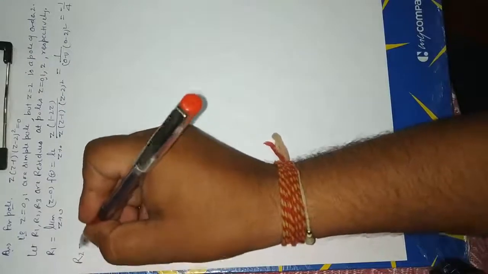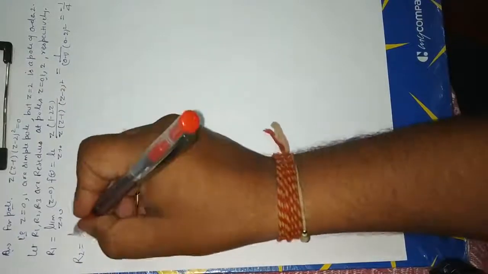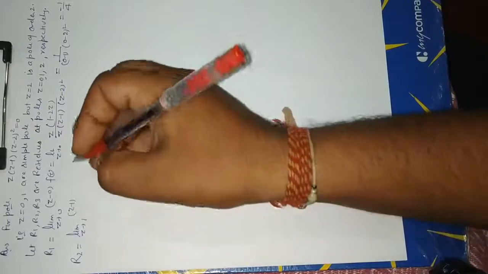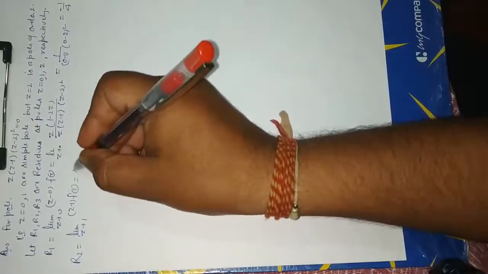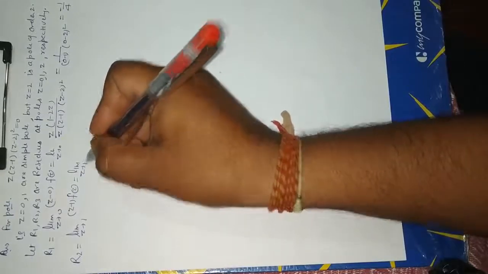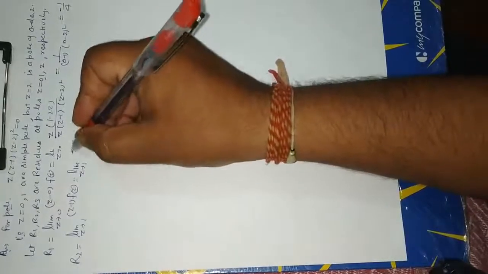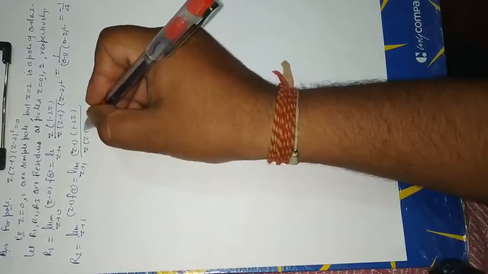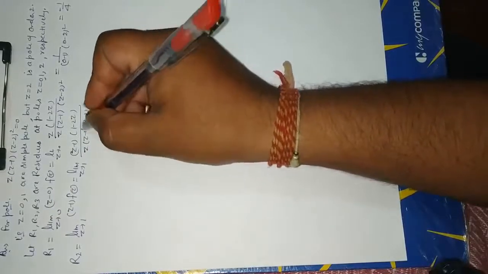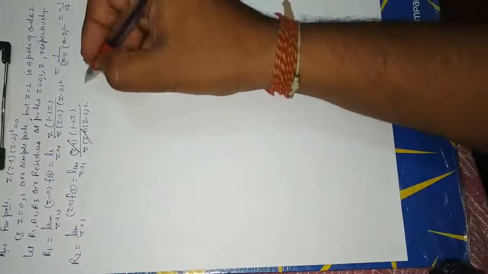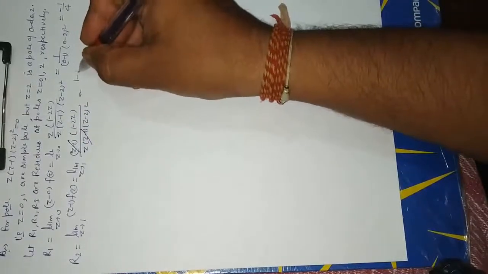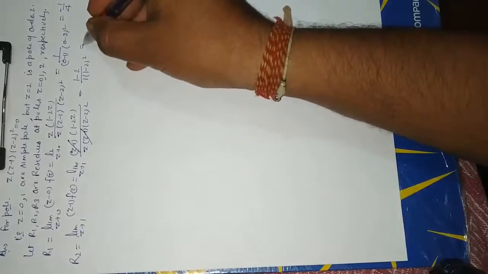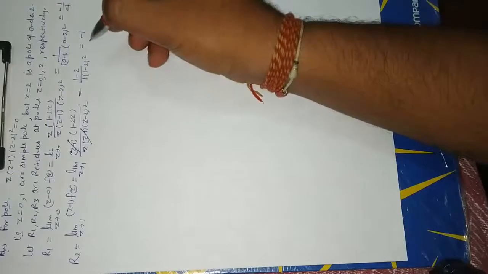Similarly, R2, the residue at z is equal to 1, is limit z tending to 1 of (z minus 1) into f(z). Now z minus 1 cancels. This is equal to 1 minus 2 upon (1 minus 2) whole square, which is equal to minus 1.